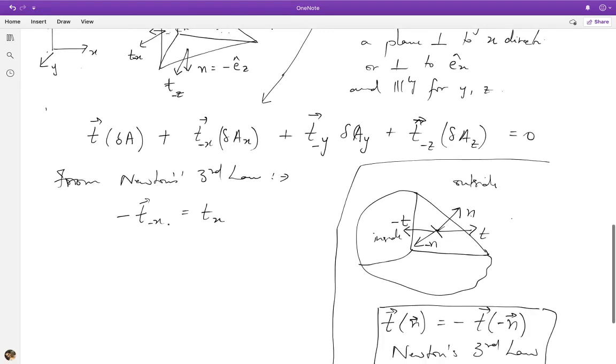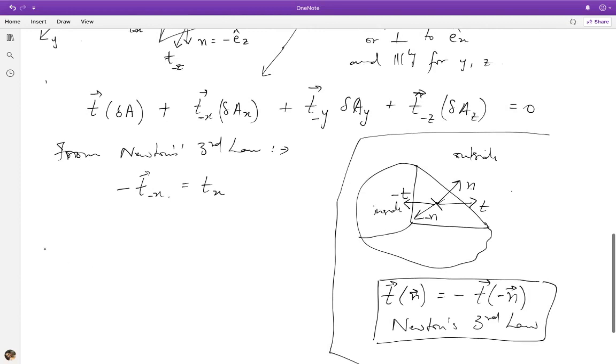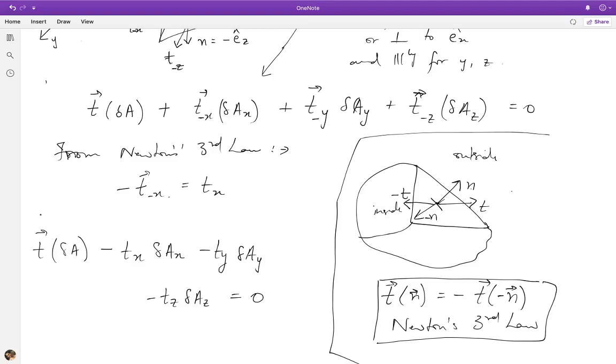So then by applying this to the y and z directions as well, I can rewrite this equation as T times delta A minus Tx delta Ax, minus Ty delta Ay, minus Tz delta Az is equal to 0. So this is where we have reached so far.